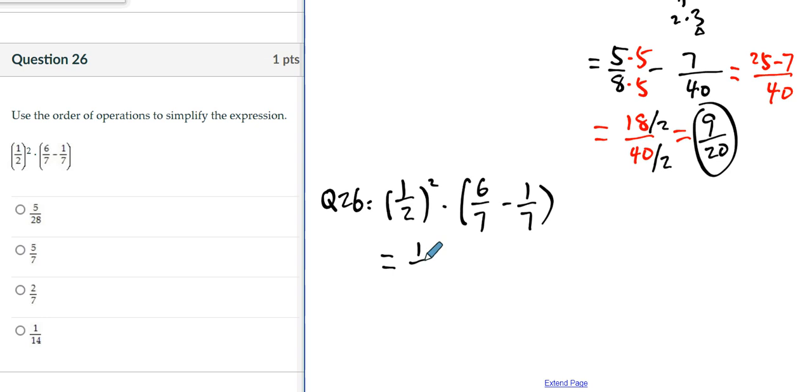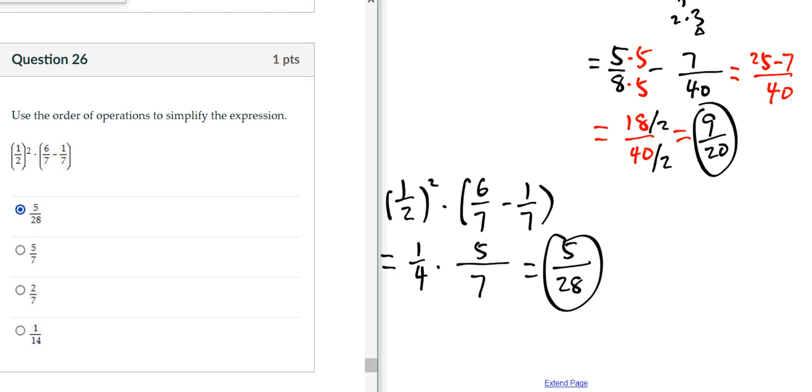So then you have a 1/4. Now, denominators are the same. You keep it. 6 minus 1 is 5. What do we get? 1 times 5 is 5. 4 times 7, 28. 5 over 28. Do we have one here? Right here. All right. See you next time.